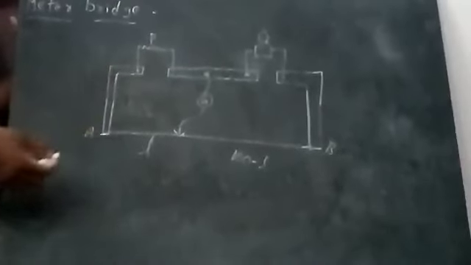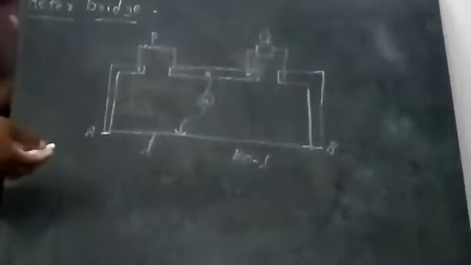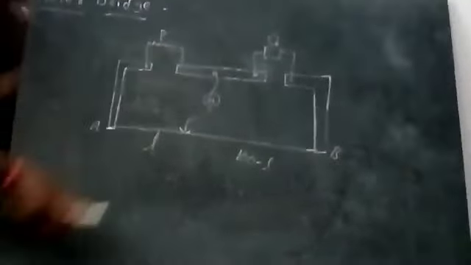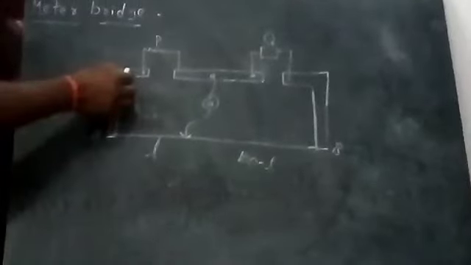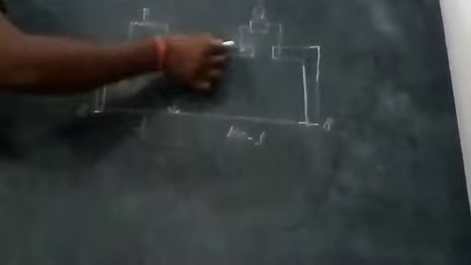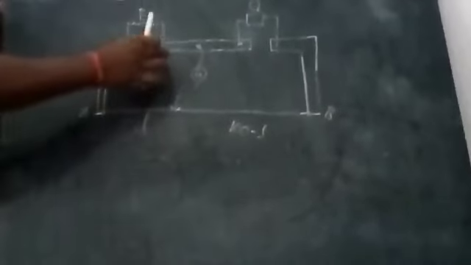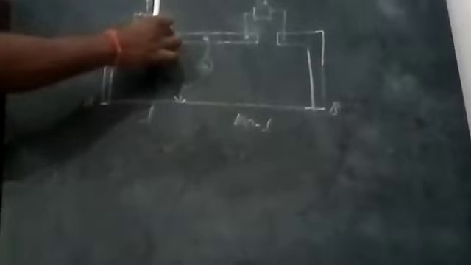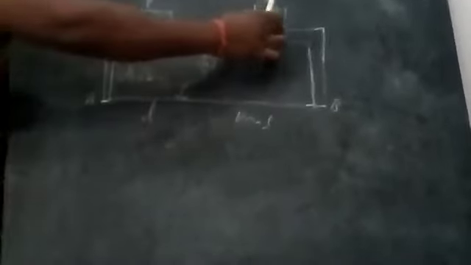These copper strips are thick because they offer very low resistance. Now this is the first copper strip, this is the second copper strip, and between these two, one more copper strip is placed. Because of this, two gaps are formed. This gap we call gap 1 and this gap we call gap 2.